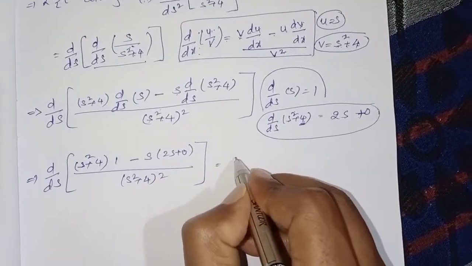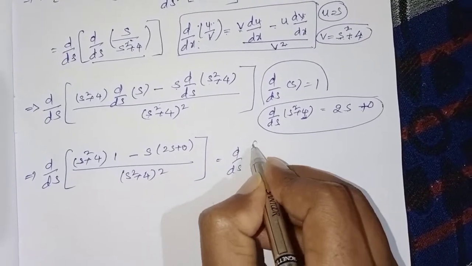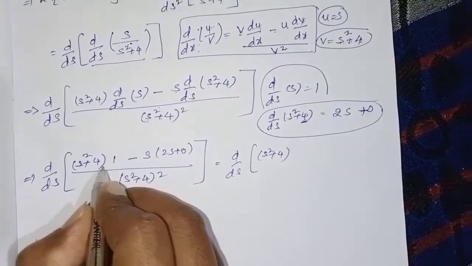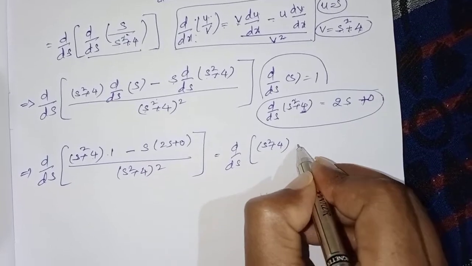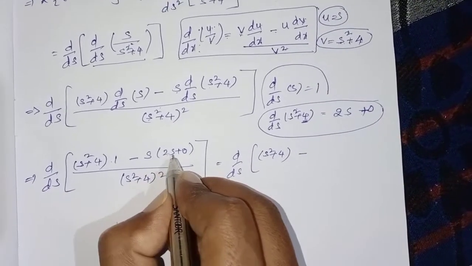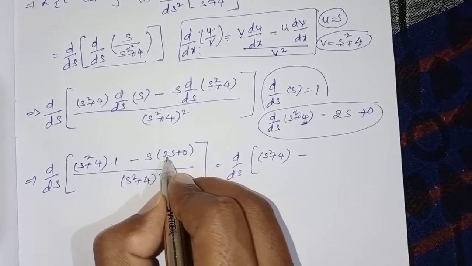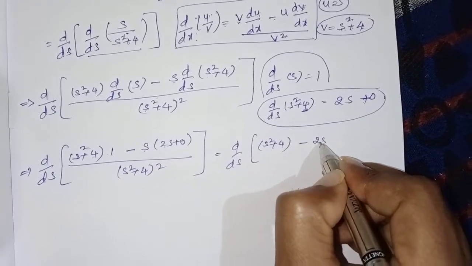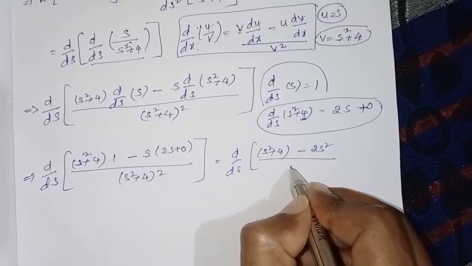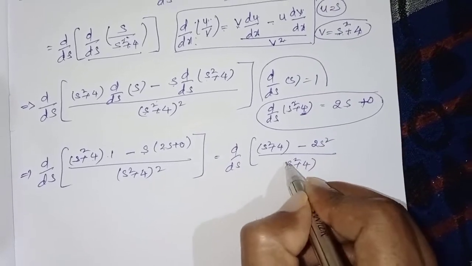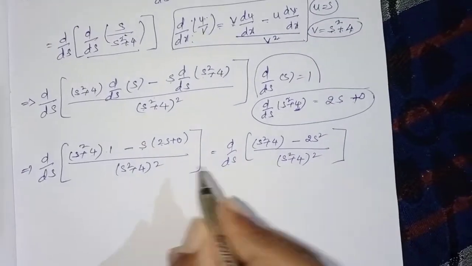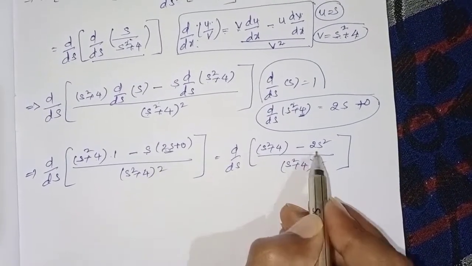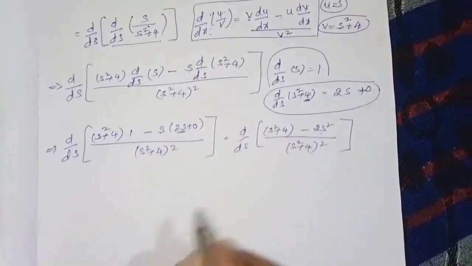This is equal to s square plus 4 into 1 is s square plus 4, minus 2s plus 0 is 2s into s, that is 2 s square, by s square plus 4 whole square. See, 2s plus 0 is 2s, s into s is s square, 2 is as it is.